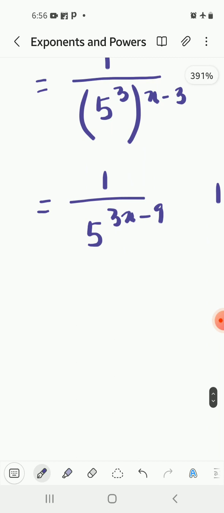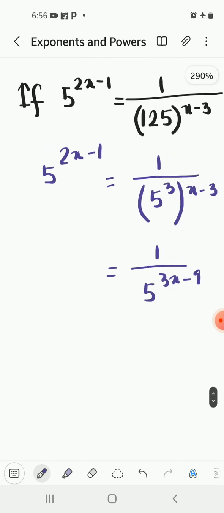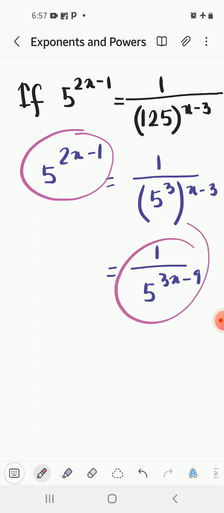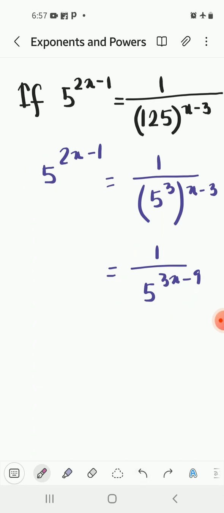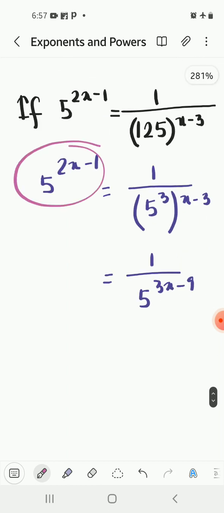Okay. Now what we can do is, because here on the left hand side you can see this 5. This is only 5 and this is 1 by 5, which means we have to use a negative power for this one or this one, any one of them.